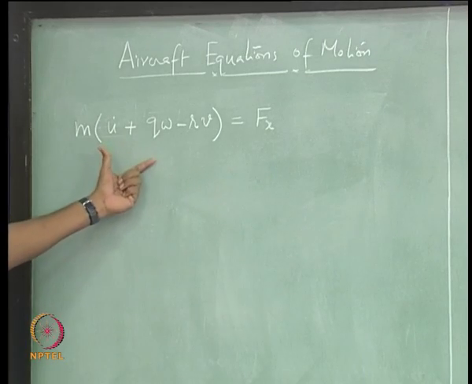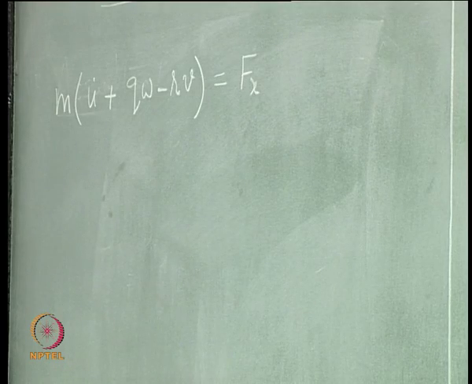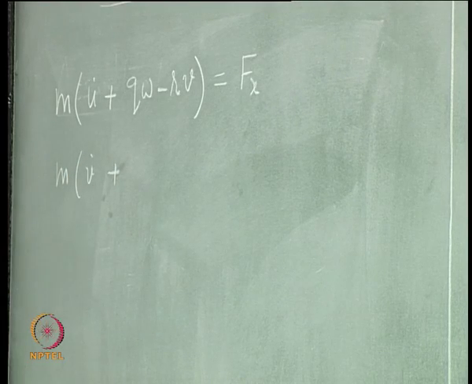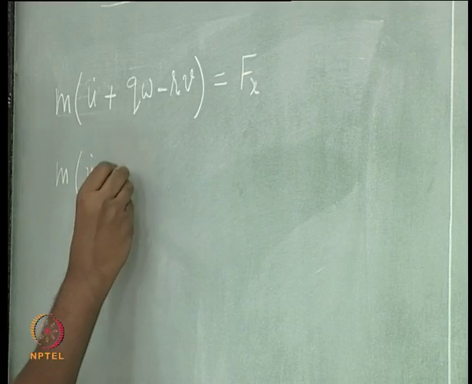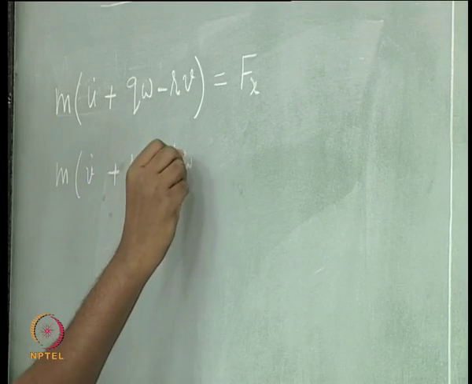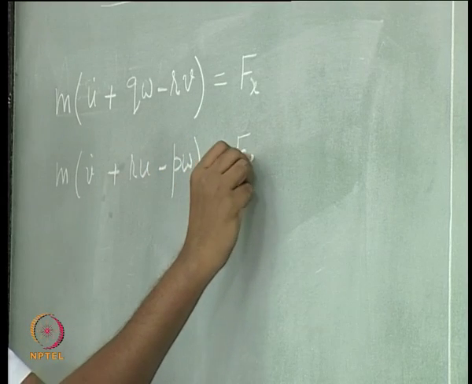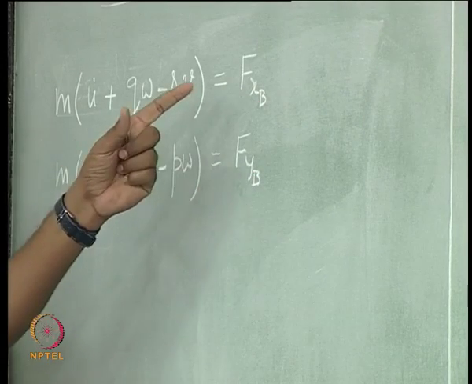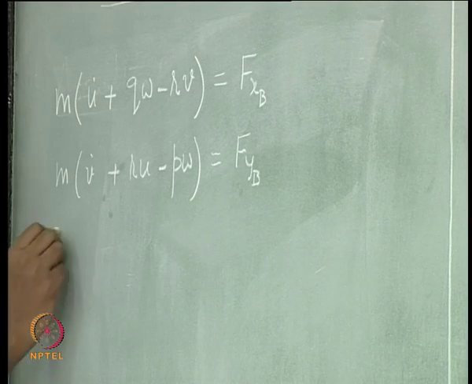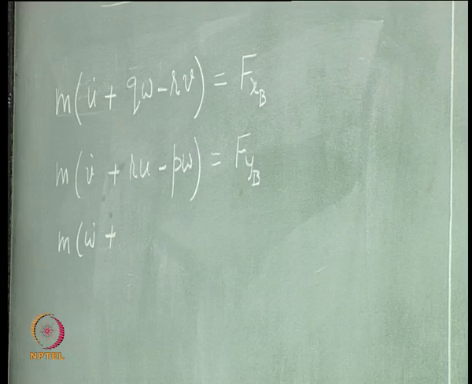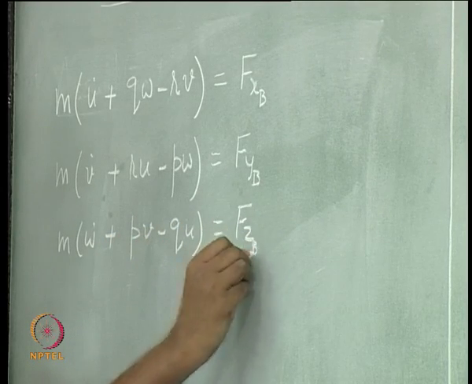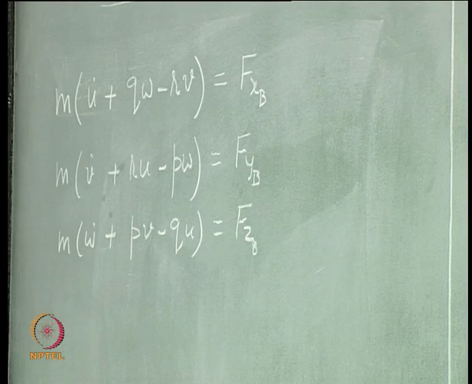This is what is going to give you this. I will put a subscript b here to indicate that these forces are along aircraft fixed axis. Right. So, we have three force equations.